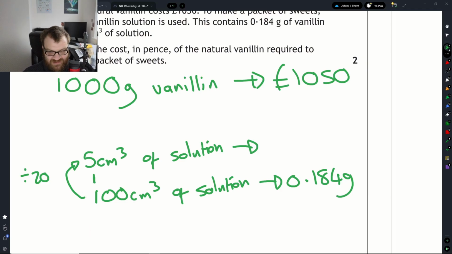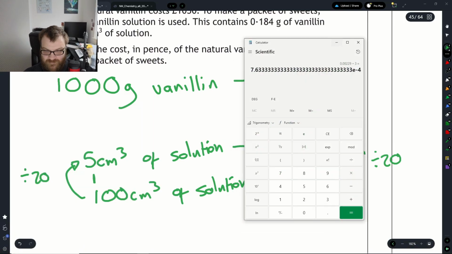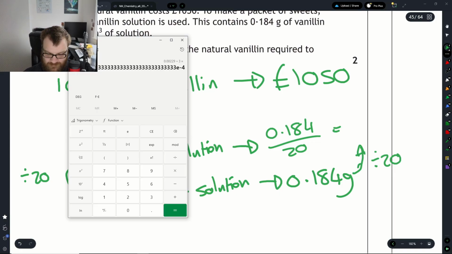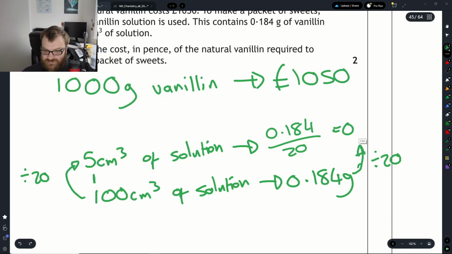And I need to do that on the other side as well. So I need to divide by 20 on the far side, 0.184 over 20. Pop that in. 0.00 grams.